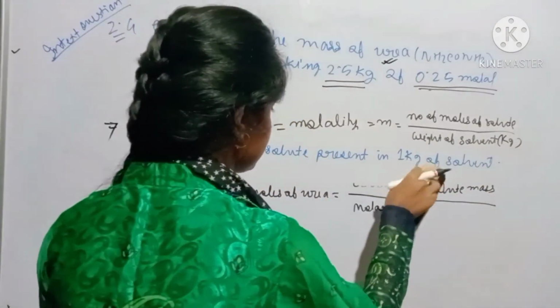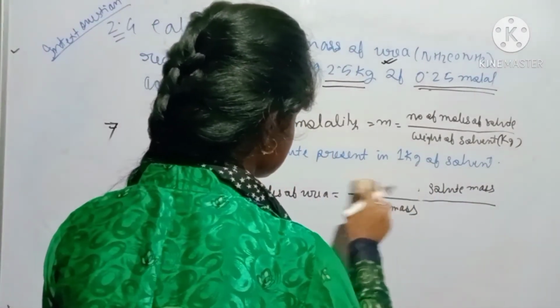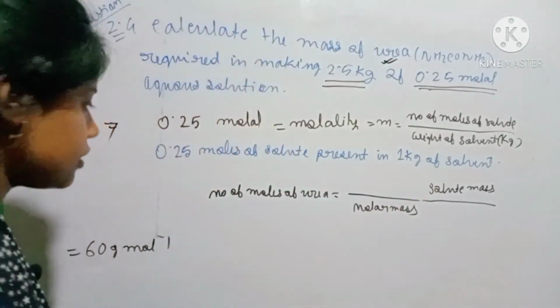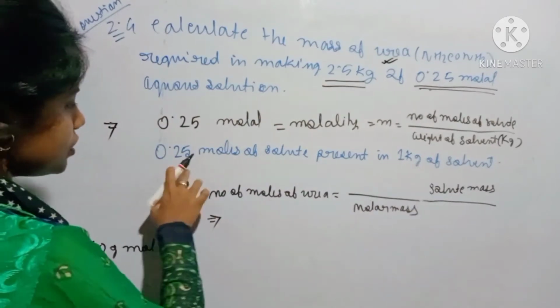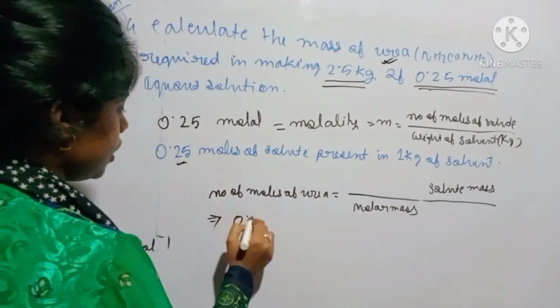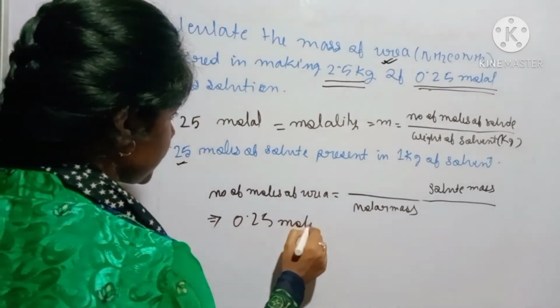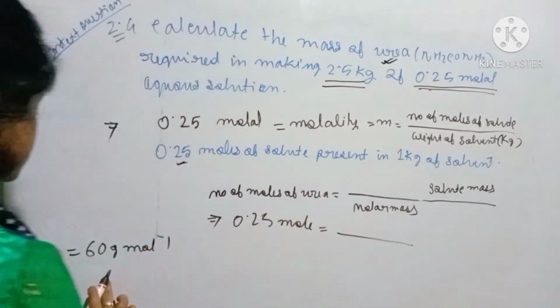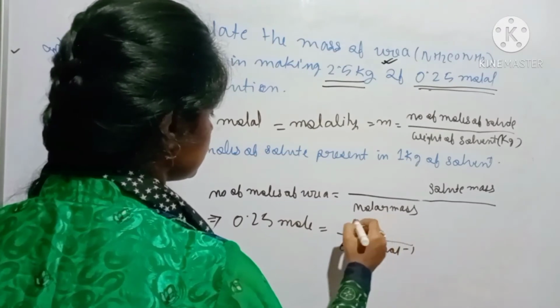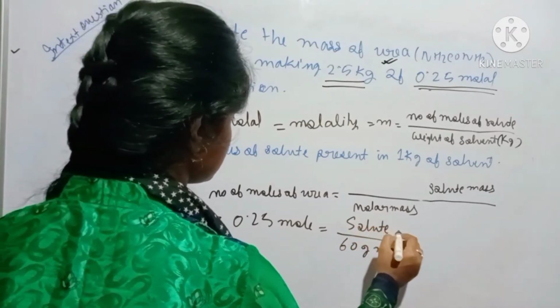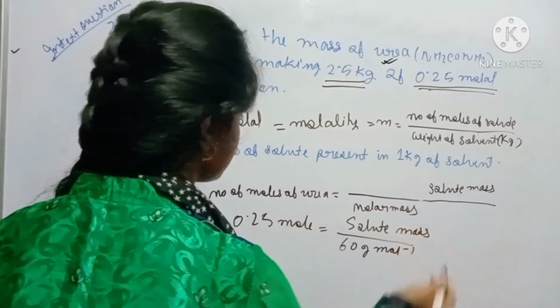I remember that formula, given mass by molar mass, because it's very useful for me. Here the moles of urea is already given, which is 0.25 mole, and the molar mass we got from here is 60 gram per mole. So from this equation we get the exact mass of solute.